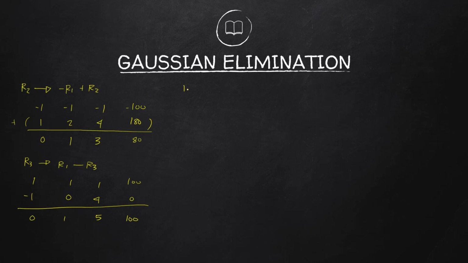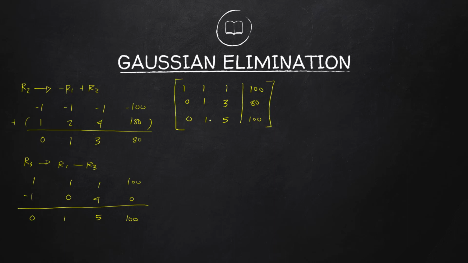You will have 1, 1, 1, 100, 0, 1, 3, 80, 0, 1, 5, 100. So we have our augmented matrix.